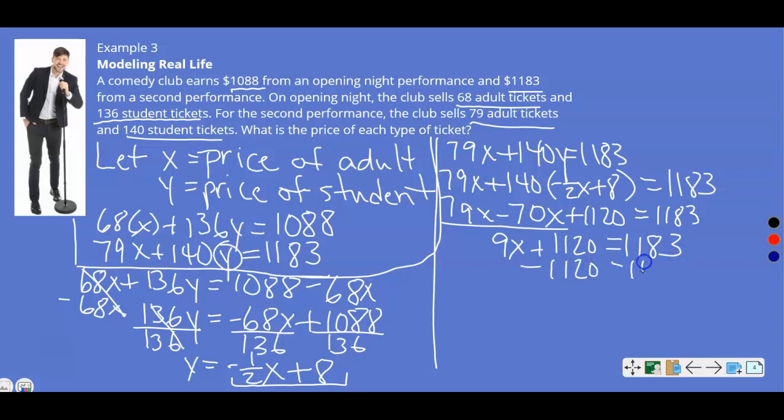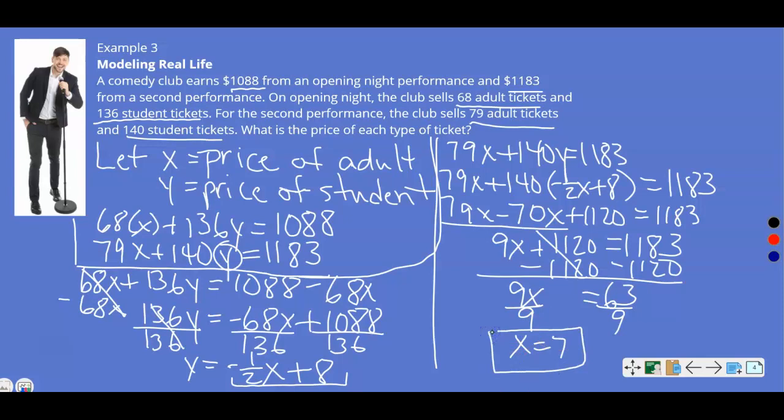Subtract 1120 from both sides. 9x equals 1183 minus 1120, which is 63, and 63 divided by 9 is 7. All right, so that's our first answer.